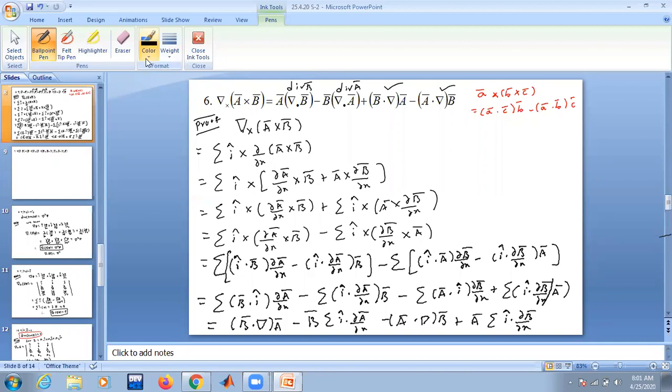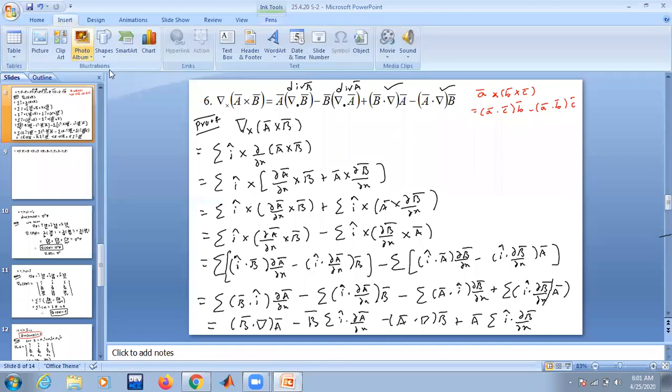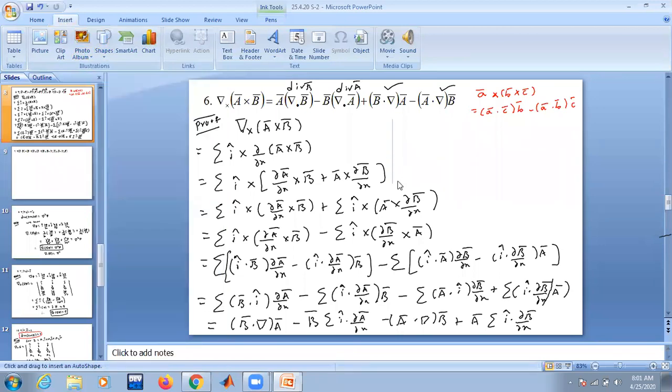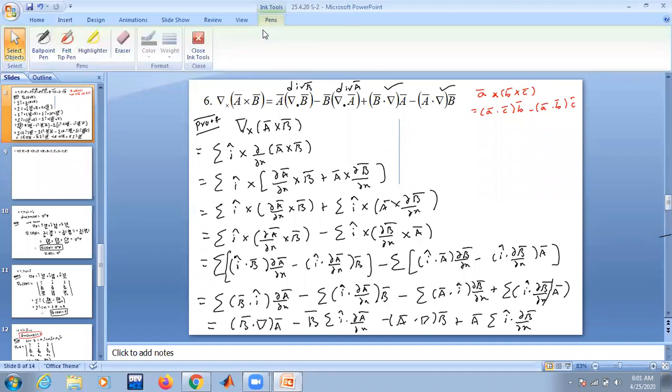Now it is a final result, therefore the final result is going to be B bar dot del of A bar minus A bar dot del of B bar.